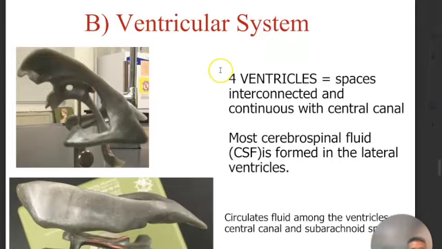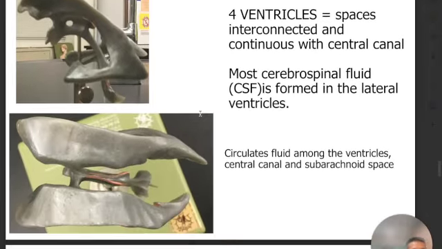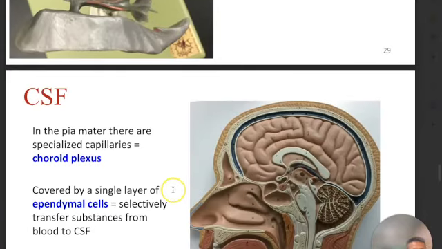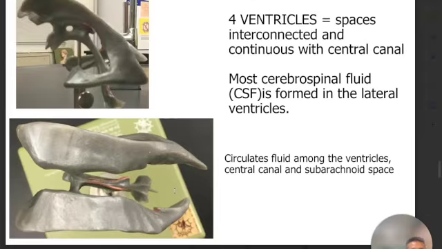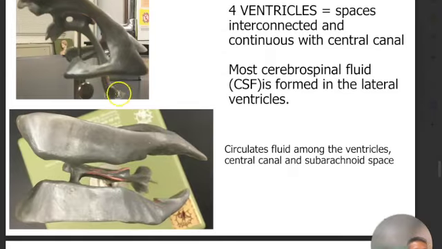The ventricles. There are 4 ventricles to remember. So here's what the brain looks like. The ventricle is where most CSF is formed, in the lateral ventricle. Laterals are the big ones. So there's one on the right, one on the left. The third one is this one right here, the third ventricle, and the fourth ventricle is this sharp one right there.